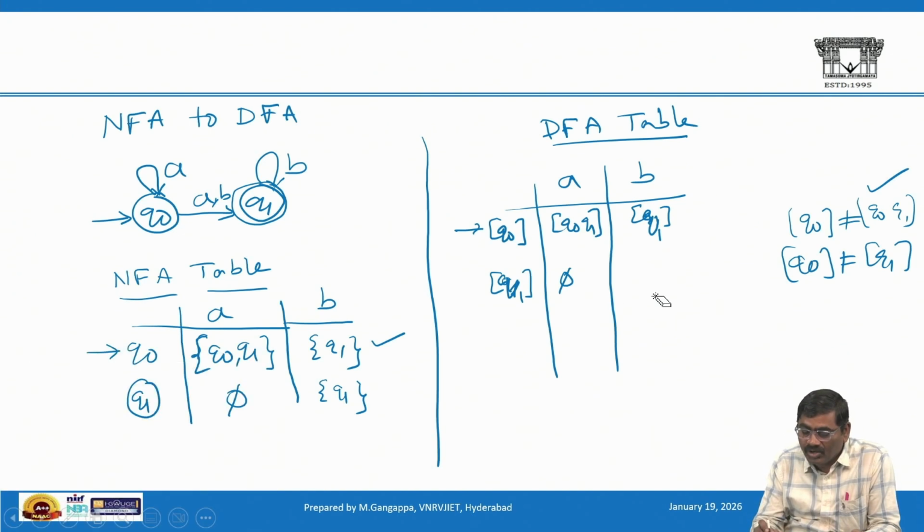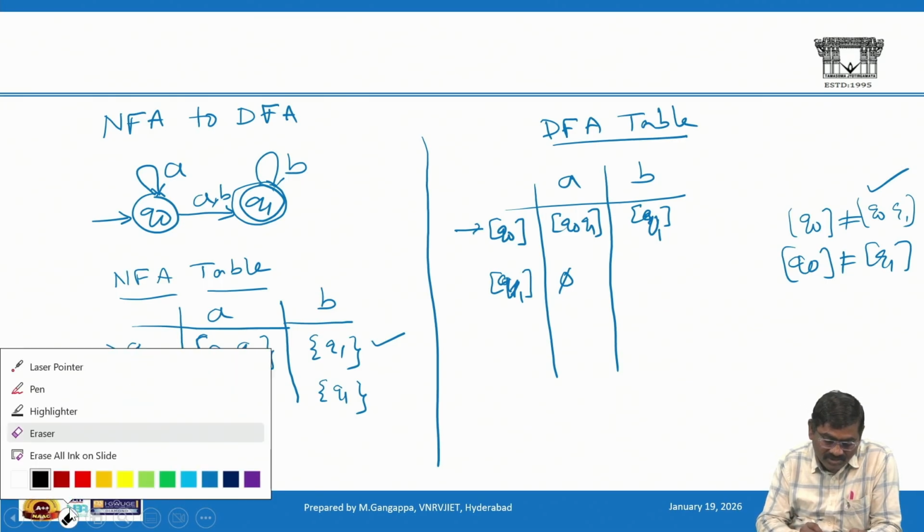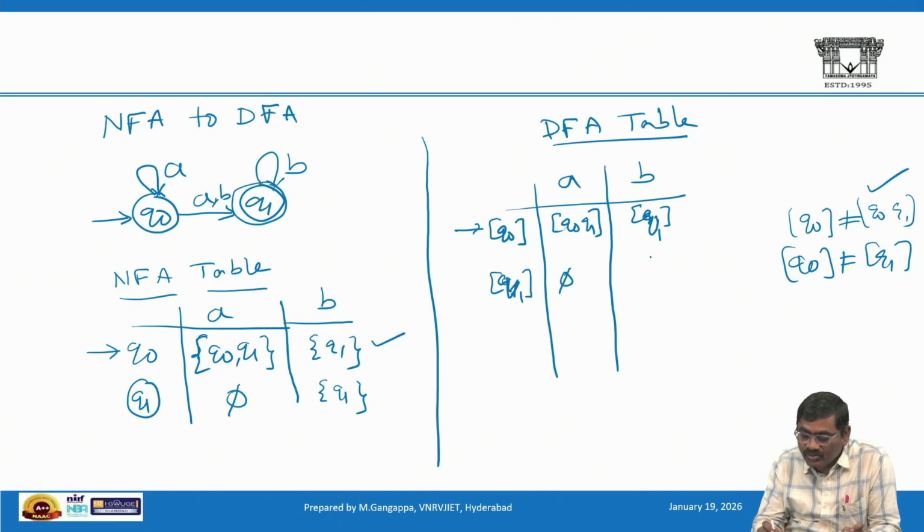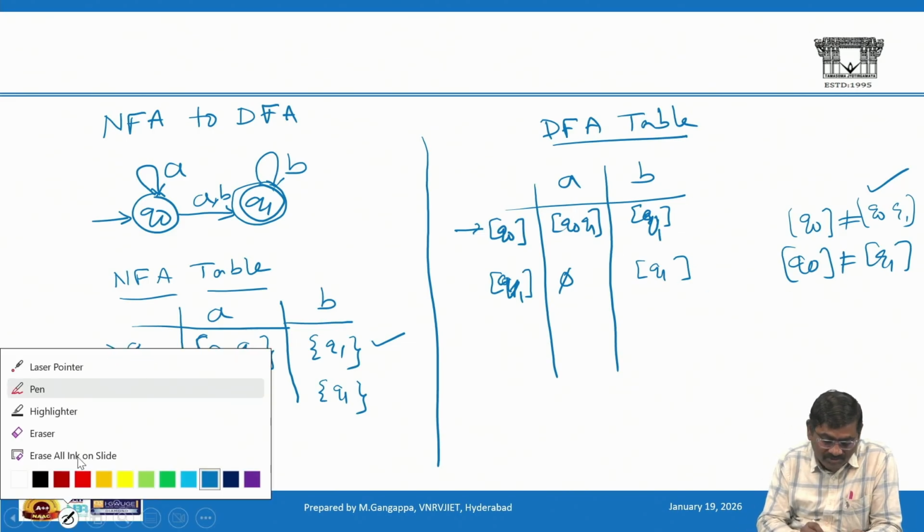And Q1 on b goes to Q1. Now one more new state, that is Q0, Q1. So let us take the new states one by one.